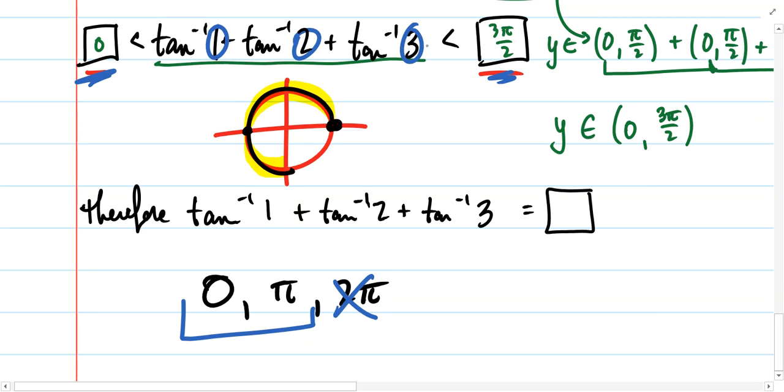The only time the tangent inverse of a ratio would equal 0 degrees or 0 radians is if that ratio was 0 itself, and none of these were. So I know that 0 is tossed out. That's not available for discussion. And so that leaves us with the only option out of the three that we established at the start of Part B: the sum of these three inverses must be equal to pi.